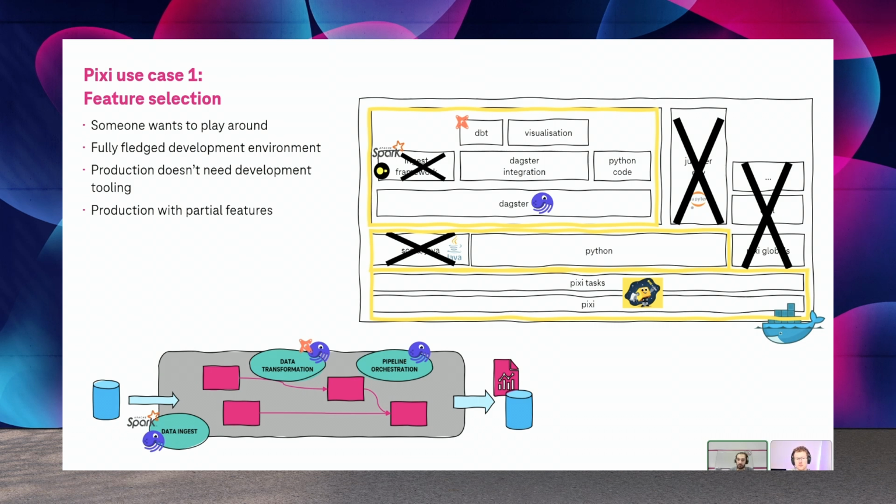We can rip off a lot of the Docker image volume, some megabytes, so that it spins up faster. But if you need, you can always go back and say, okay, I need this feature too. This is where Pixi is holding the environment and feature selection for us.